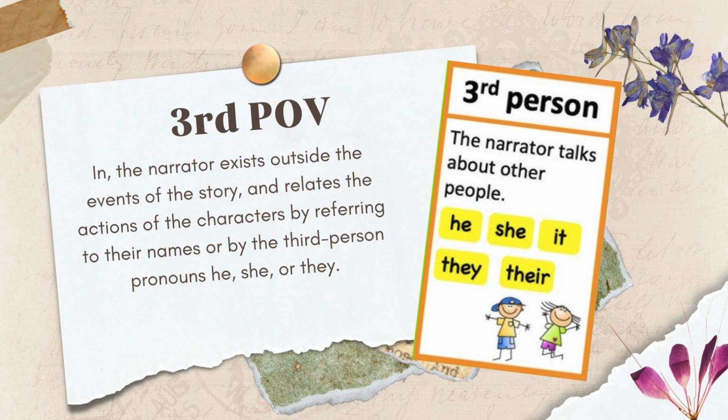Now, if you're reading a literary piece, you are just an audience. You are just an outsider based on the words that are used by the author. So that's why we have he, she, and it for singular. And then we have they and their for plural.